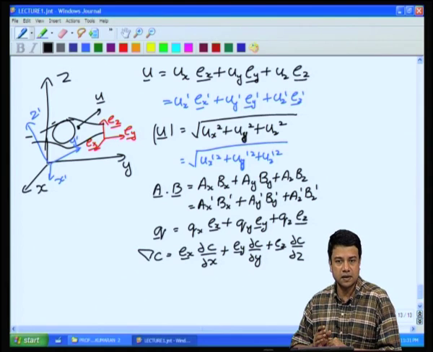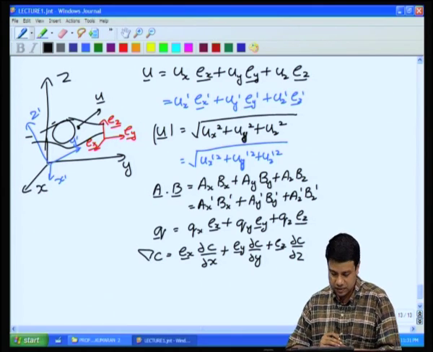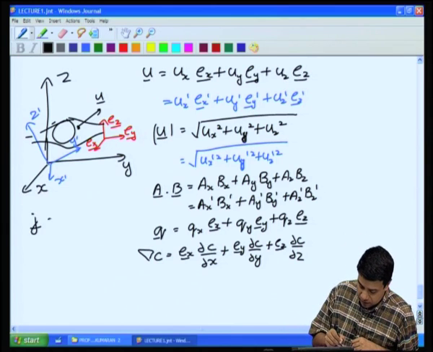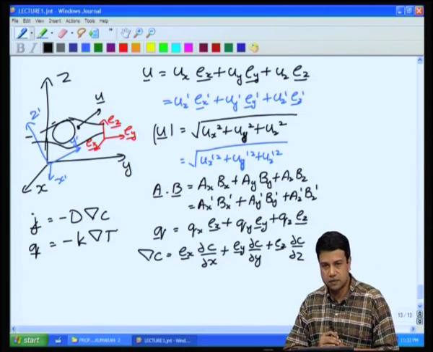It gives you the rate at which concentration is varying as you travel in some direction at some location. Fick's law of mass diffusion tells you that the flux vector is equal to minus D times grad C. The heat flux vector is equal to minus k times the gradient of the temperature field. So, these are also vectors.